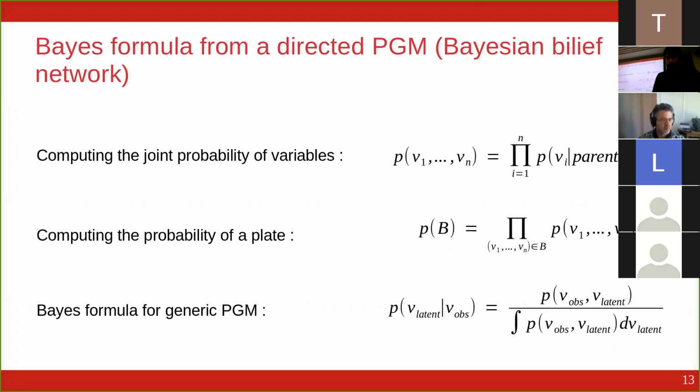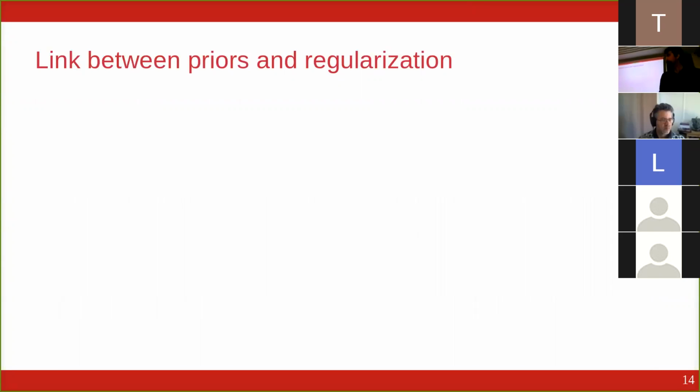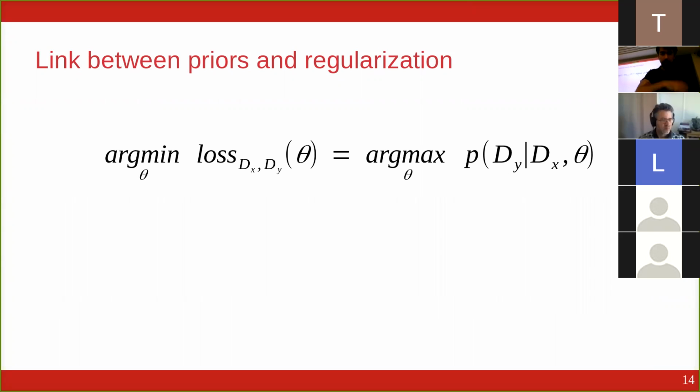Now, you might think, yeah, great, but what kind of probability distribution should I use? Well, first, in the case of a Bayesian neural network, you might want to define the probability distribution for the parameterization. And as I said, this is linked very closely to regularization. Why is that? Well, let's just look at the loss that is usually used in training.